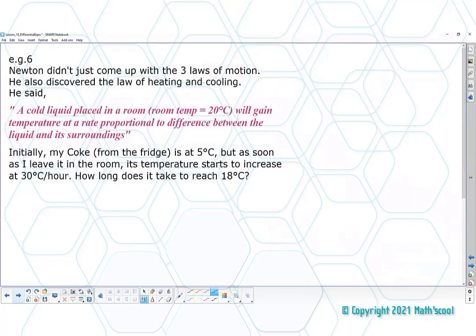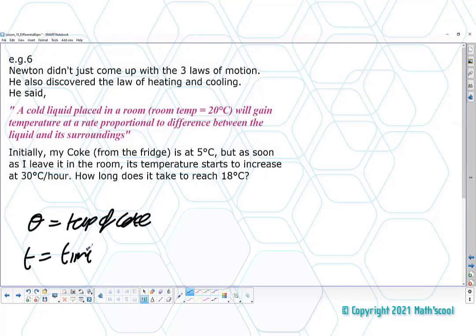Newton didn't just come up with the 3 laws of motion. He discovered the law of heating and cooling. We talked about this. This was the Coke thing. Theta equals temperature of Coke and T equals time.